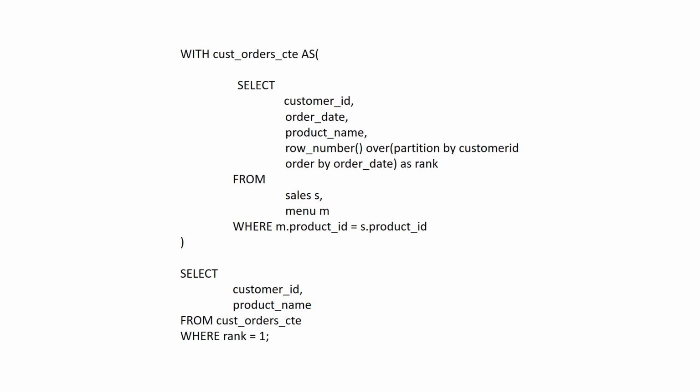Then I select customer ID and product name from cust_orders_CTE where rank equals 1. This selects the customer ID and product name of the first order made by each customer based on their order date. It filters the result to only include rows where the rank is 1, which means it selects the first order made by each customer. So this is the whole explanation for the query that I have written here.